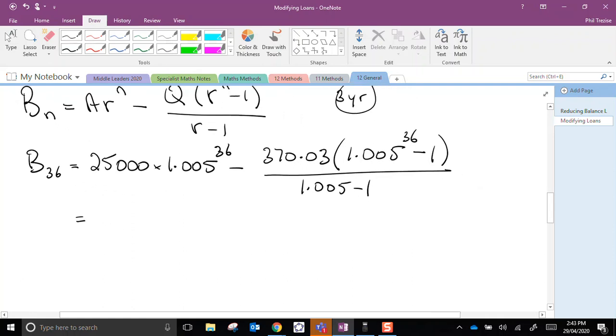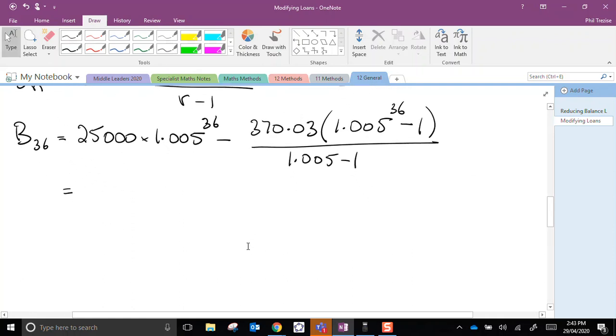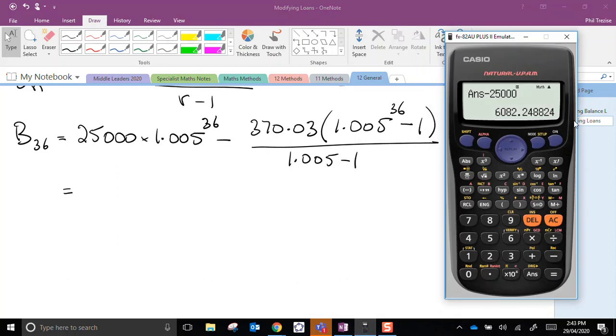Now this is absolutely going to be something I need to get the calculator going for here. So I don't really think I need that number. I didn't save that one.